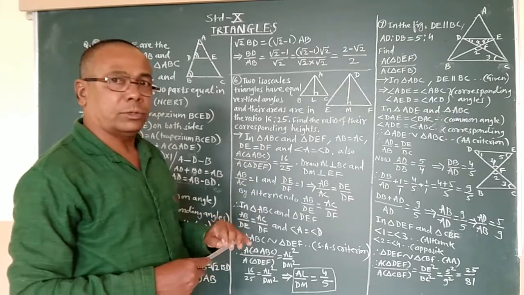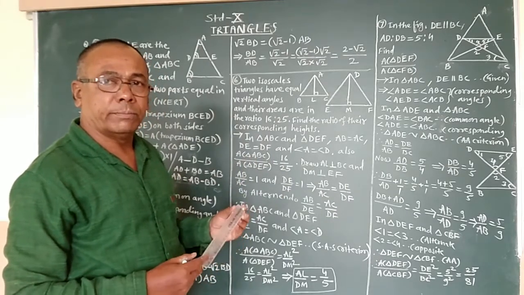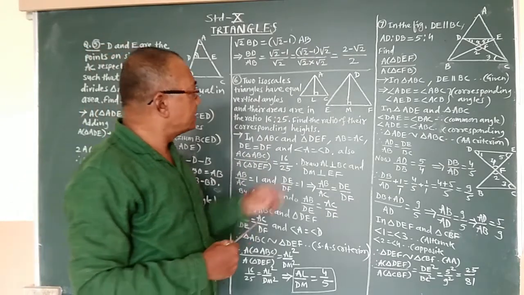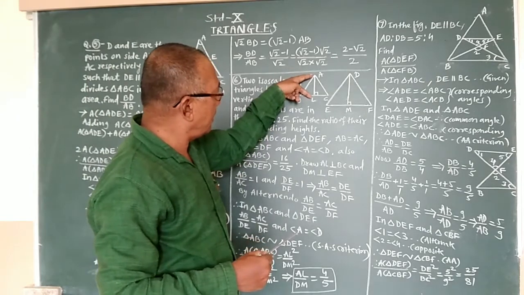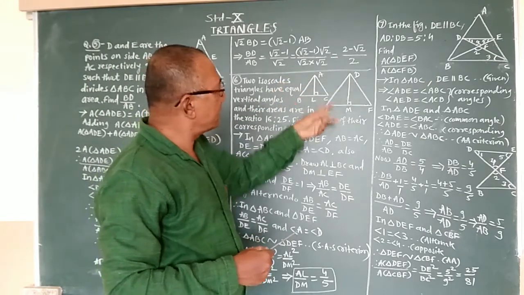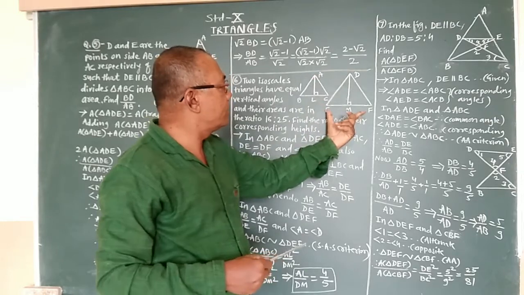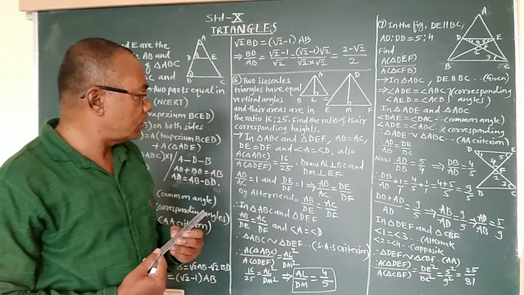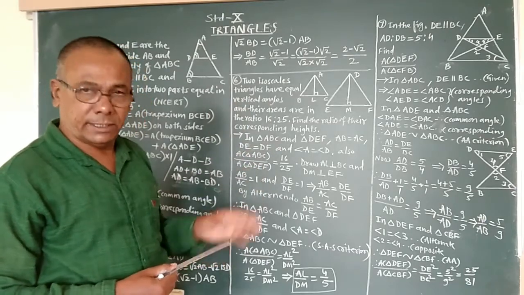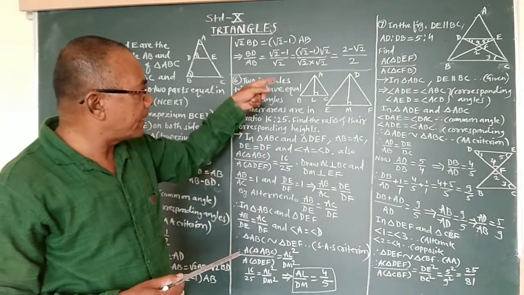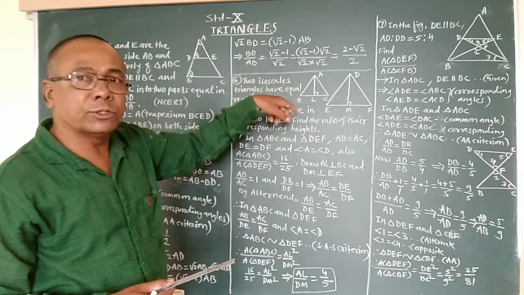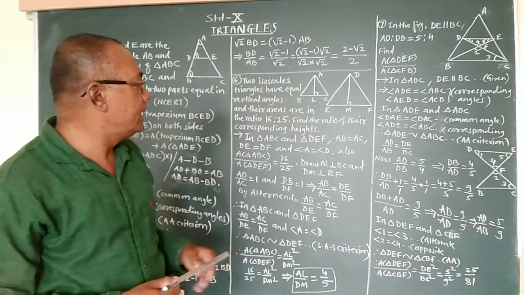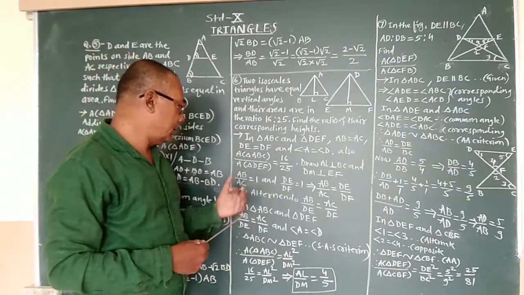Here we have to make some constructions. That is, draw AL perpendicular to BC. Similarly, draw DM perpendicular to EF. So both the perpendiculars are drawn here, and AL is an altitude of triangle ABC, and DM is also the altitude of triangle DEF.